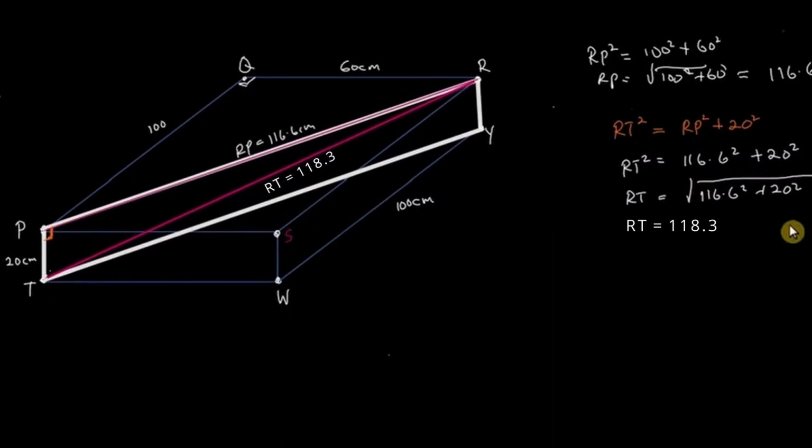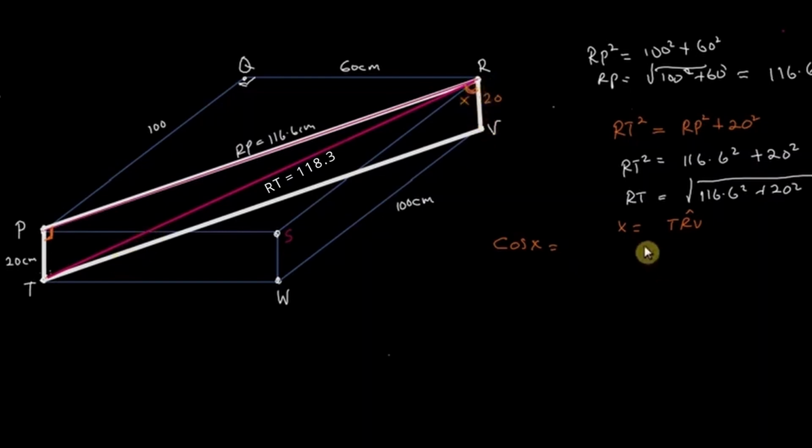So now we're asked to determine the angle TRV. So we're asked to find this angle. We know this height is 20, therefore this height is also 20. We know the hypotenuse of that face. We have a lot of information about that face. Since we have this 20 here, we could say the cosine of this angle, let's call it x. If we say that x is equal to TRV, we could say the cosine of x is equal to adjacent over the hypotenuse.